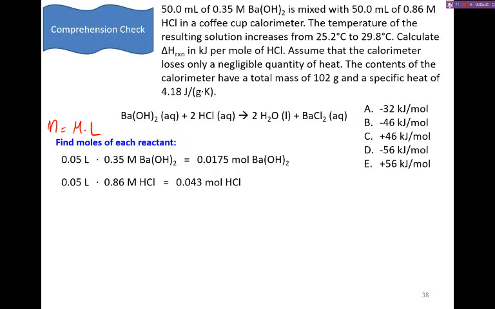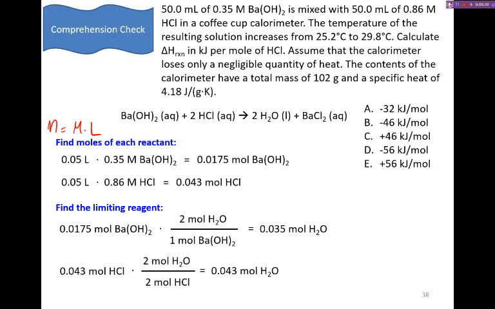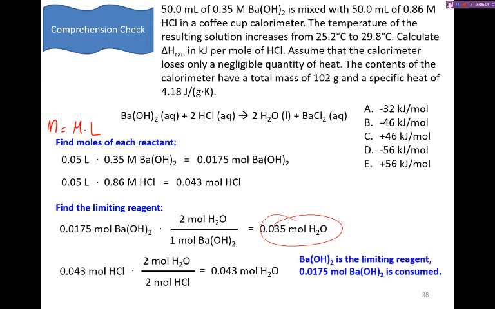So we can do that by saying how much water they produce, or how much barium chloride, or how much of the other reactant would be used. In this case, I'm going to show you how to do it for water. So we take the moles of each reactant, convert to water, and then compare. This is going to be our limiting reactant because it has the smaller amount that's produced.